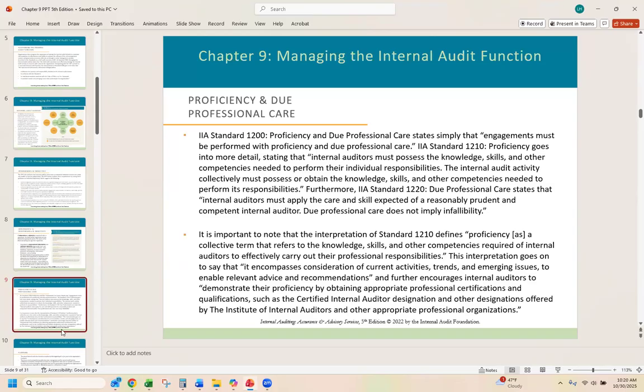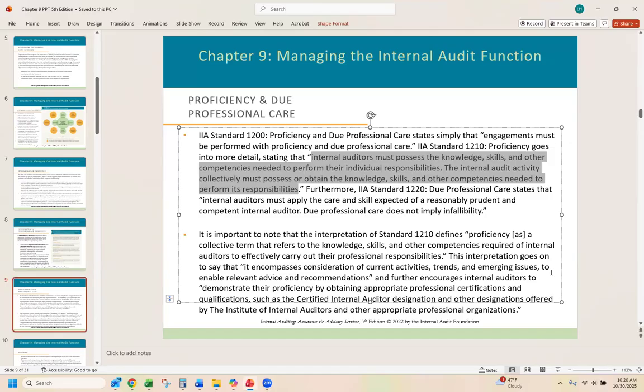It gives this definition here. Let me highlight the whole thing. Internal auditors must possess the knowledge, skills, and other competencies needed to perform their individual responsibilities. The internal audit activity collectively must possess or obtain the knowledge, skills, and other competencies needed to perform its responsibilities.